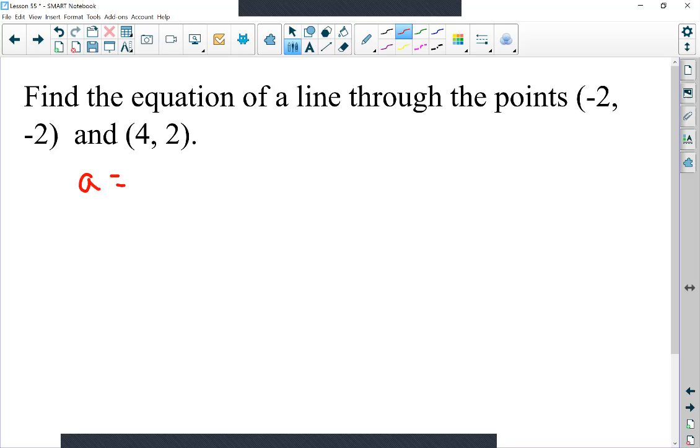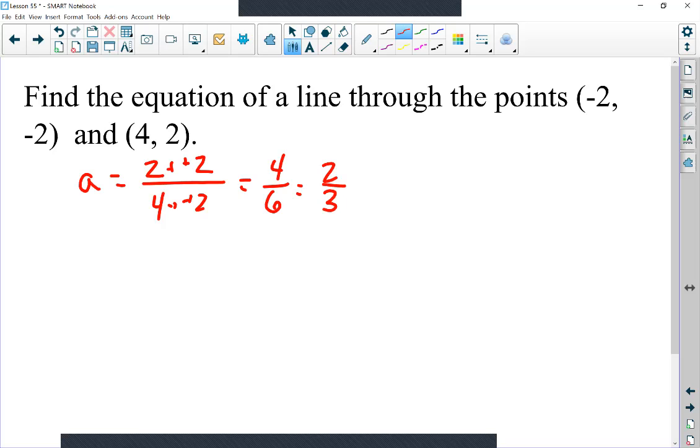Process is the same. I think I get a slope of 2/3.